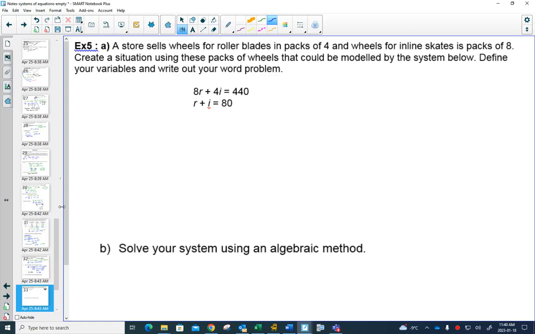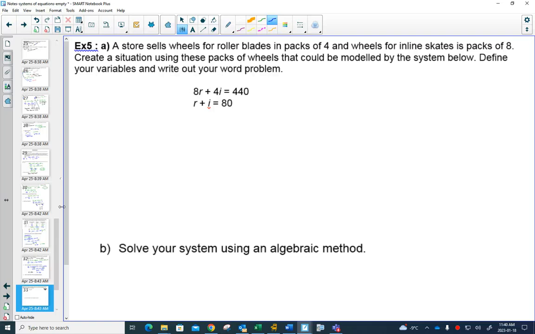This one's different in that they tell us something, and then you have to create the story. Create a situation that this makes sense. And define your variable.